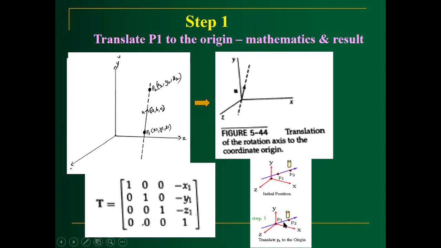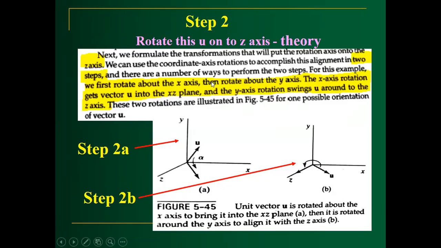Now, there are 2 steps. Step 2a: bring that unit vector to the xz plane by rotating it via the x-axis. So the output is something like this. Second step: take this u dash, the output of 2a, and rotate it such that it now comes to the z-axis.